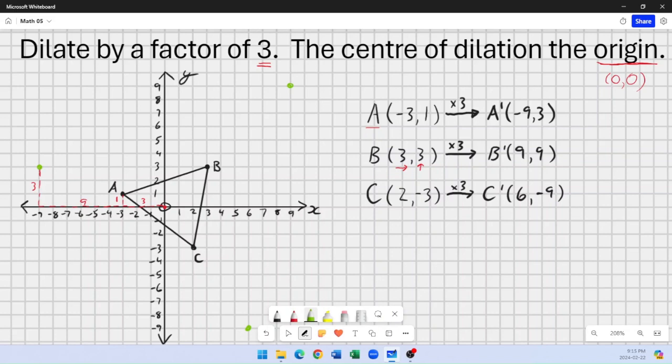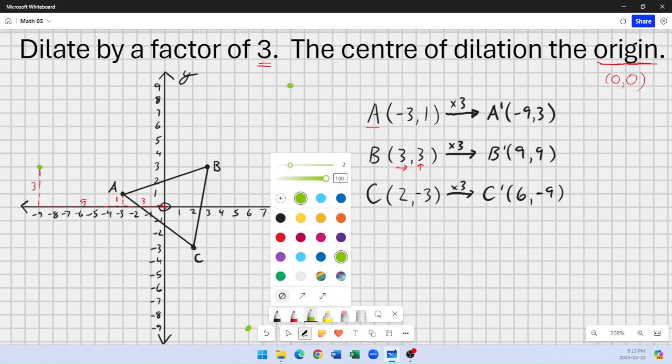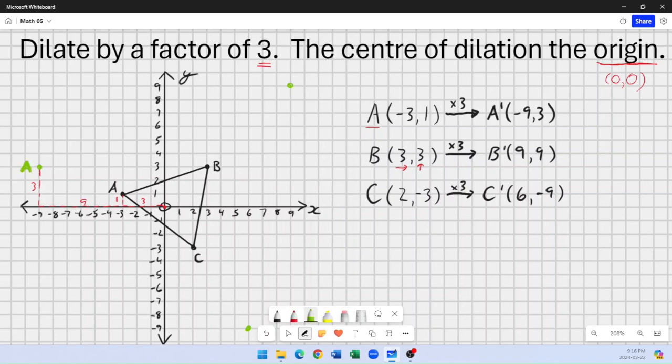From here I can connect them. I'm just going to put a thicker line here so you can see what this image is going to look like. This one here is A prime. Up here is B prime, and down here is going to be C prime. Now we can connect them together.